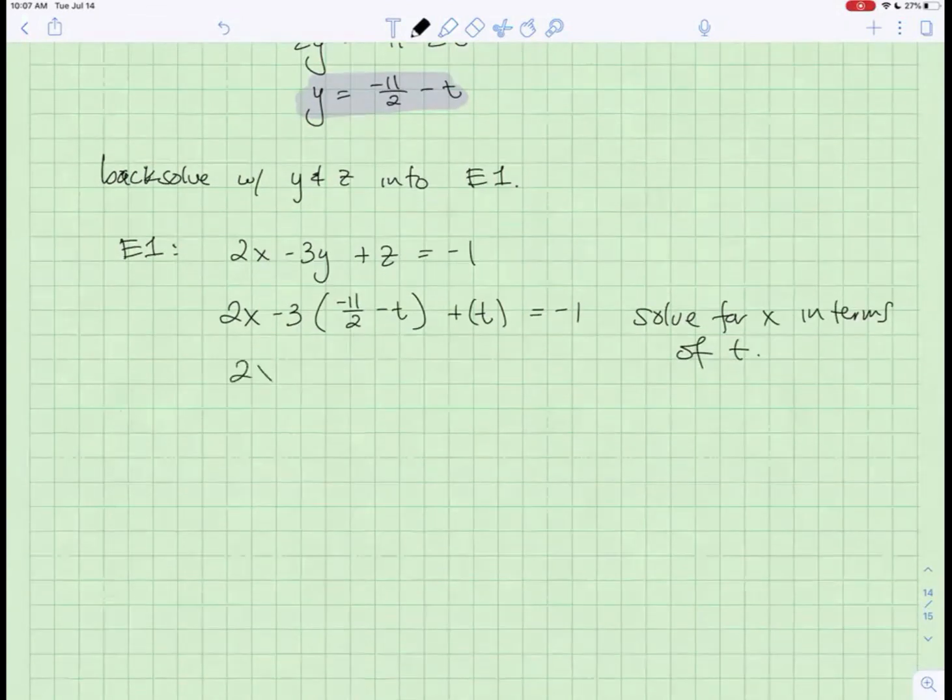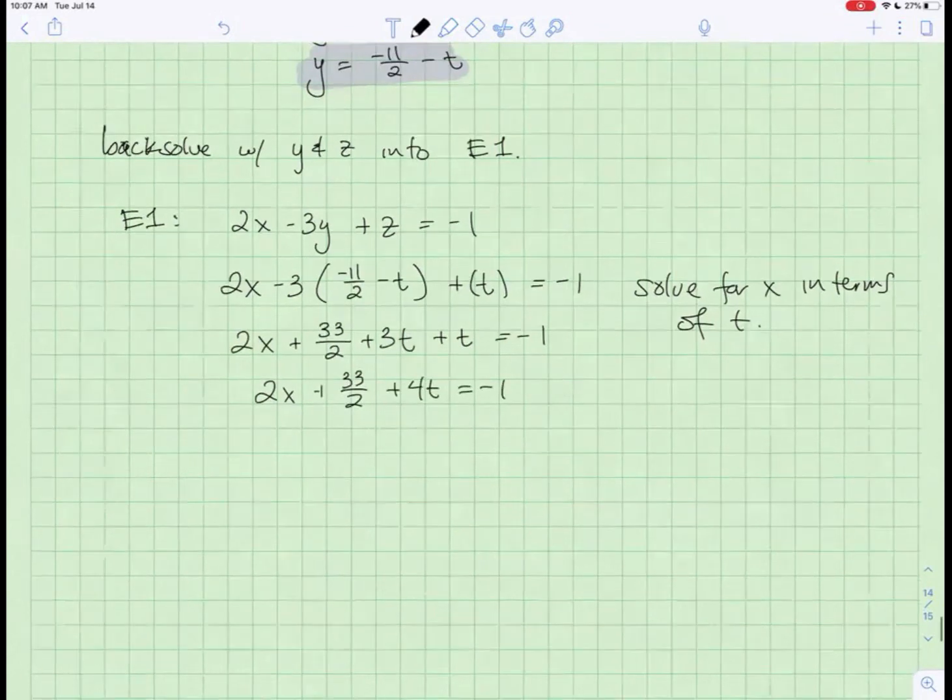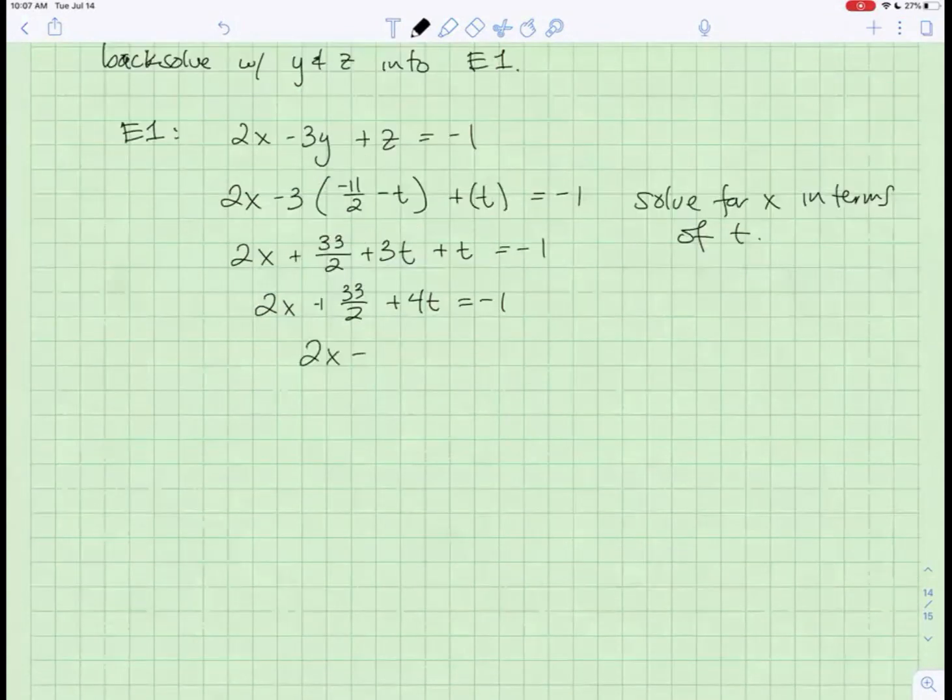So this is 2x plus 33 over 2 plus 3t plus t equals negative 1, or 2x plus 33 over 2 plus 4t is equal to negative 1, or 2x is equal to negative 1 minus 33 over 2 minus 4t.